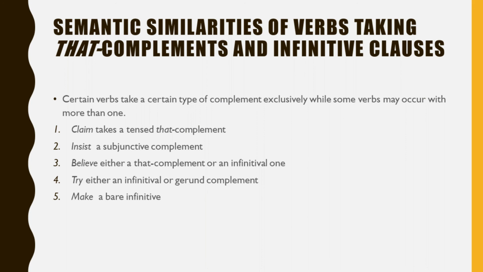We have said little about whether any sense can be made of the fact that claim takes a tense that complement, insist a subjunctive complement, believe either a that complement or an infinitive one, try either an infinitival or gerund complement, and make a bare infinitive. In fact, a loose correlation does seem to exist between the semantics of the main clause verb and the type of complement it takes. The correlation has been sketched by Gibbon.